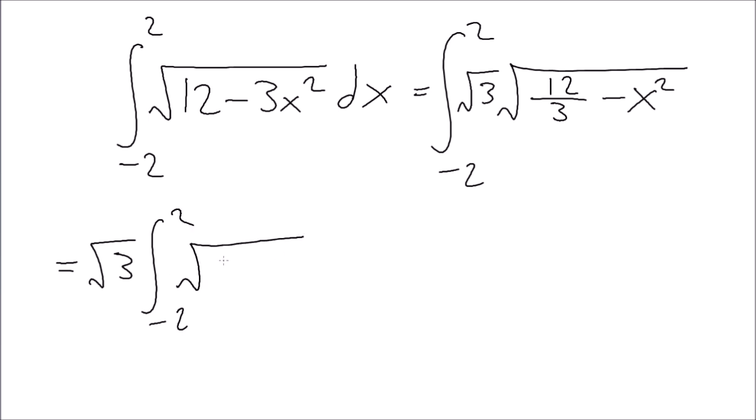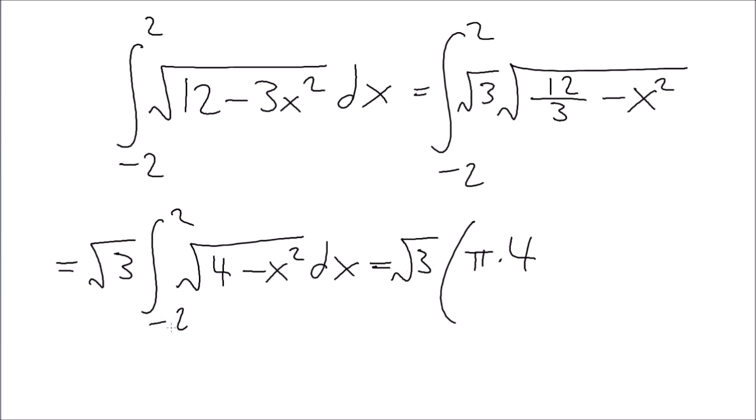This is 4 minus x squared. Oh my goodness. 2 squared, 2, 2. It's an area of a partial circle. So this is equal to root 3 times pi times 4. This is from -2 to 2, so it's the area of a half circle.